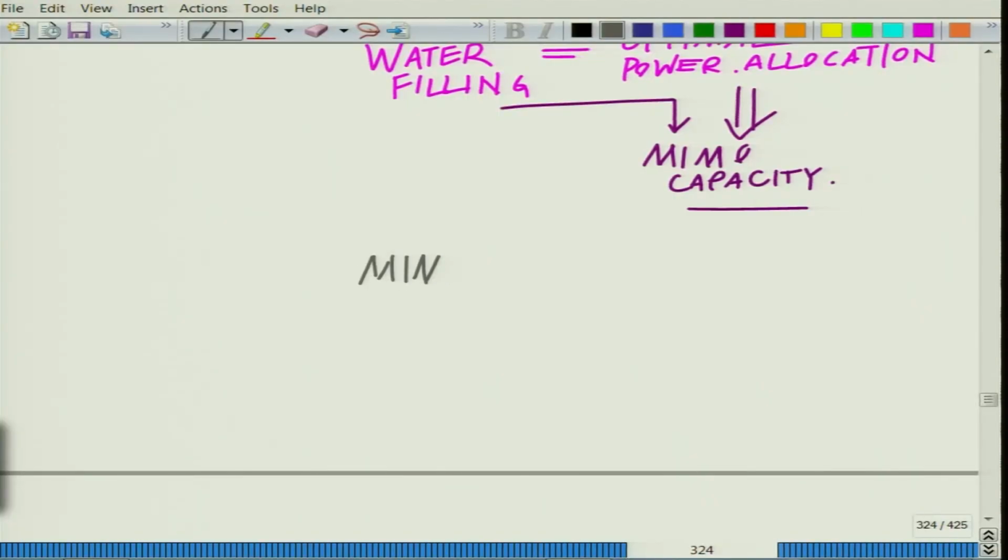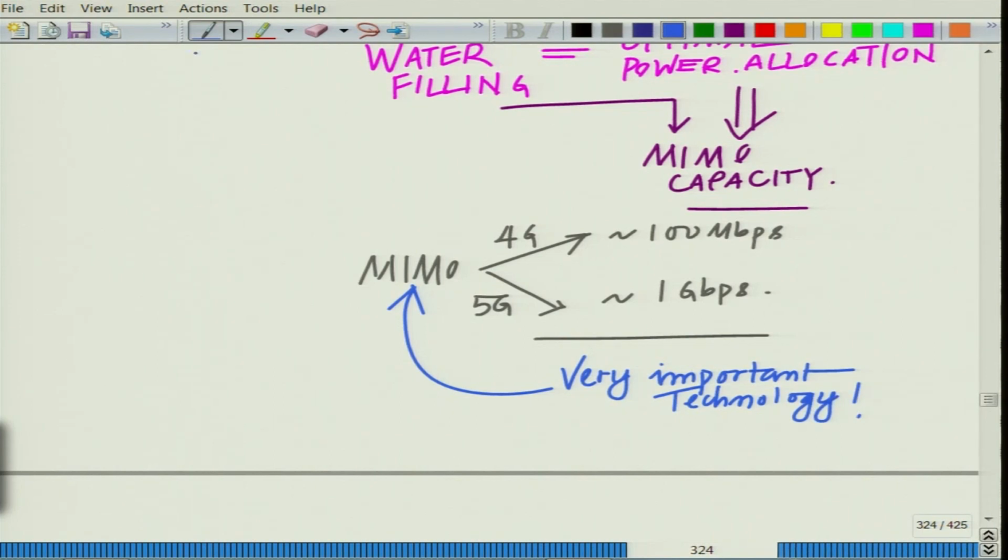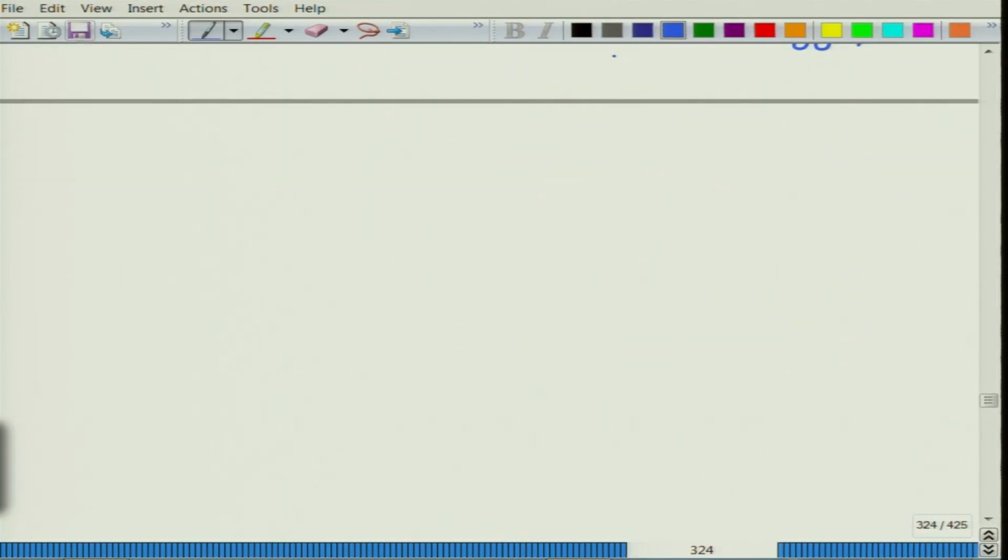So, essentially it is a very important technology. Okay. Let us look at a simple example for MIMO optimization.